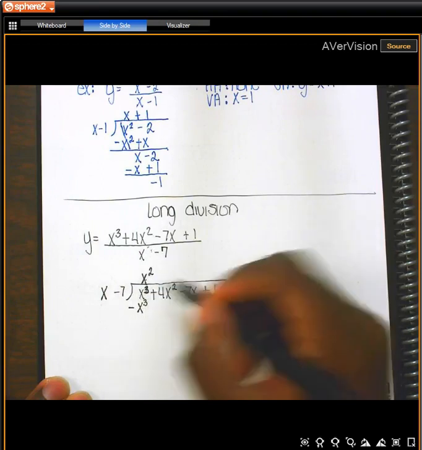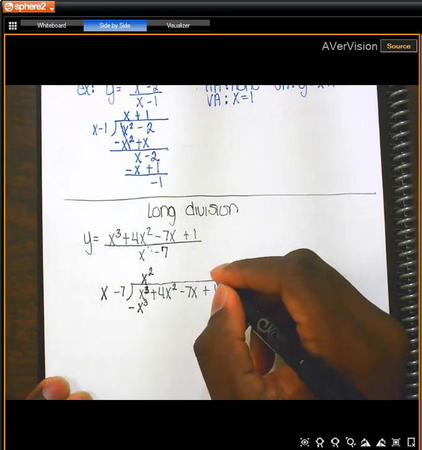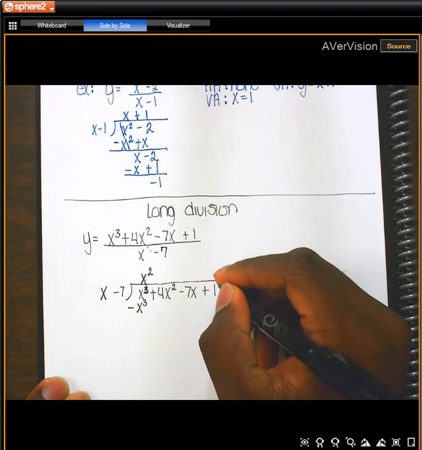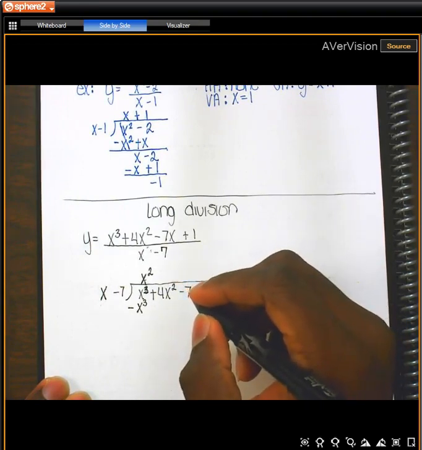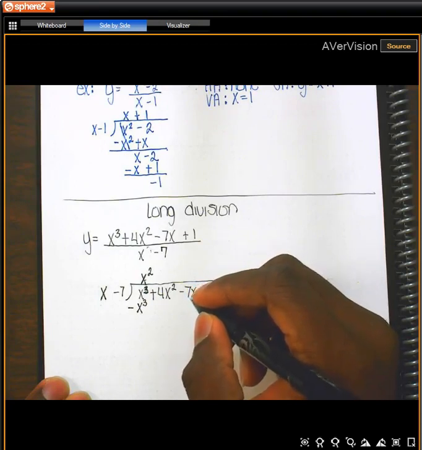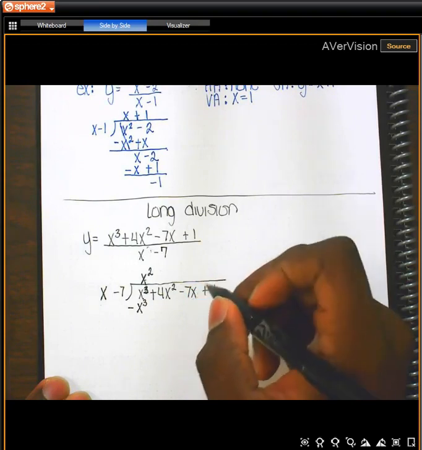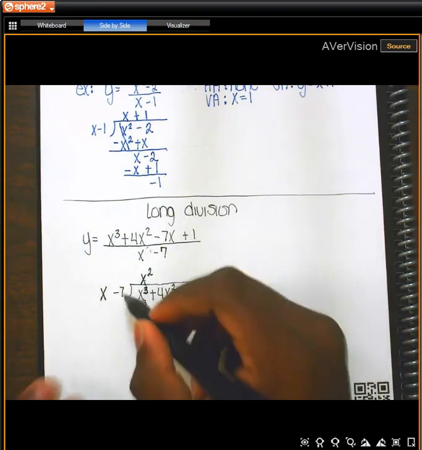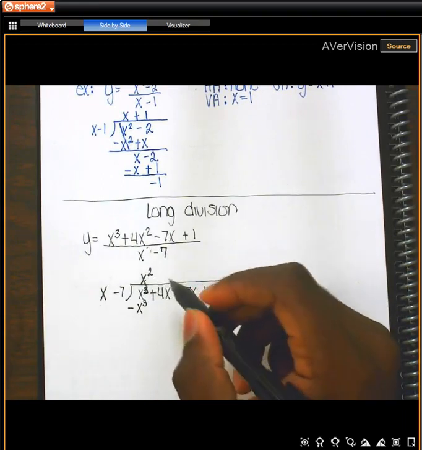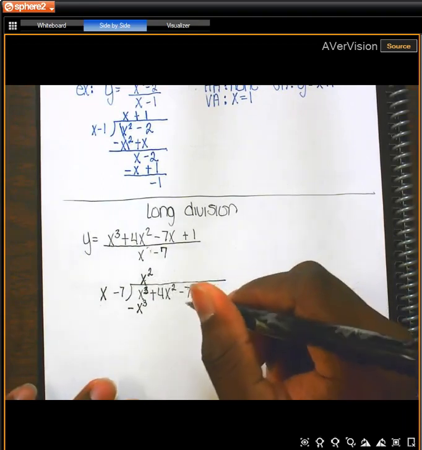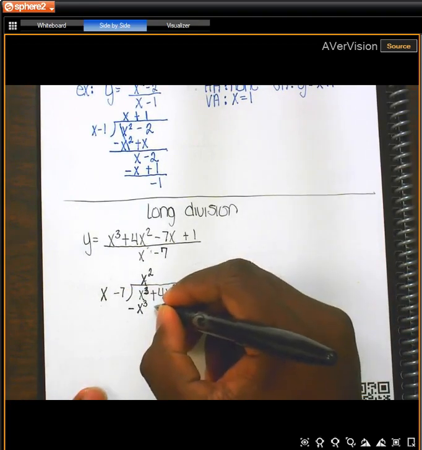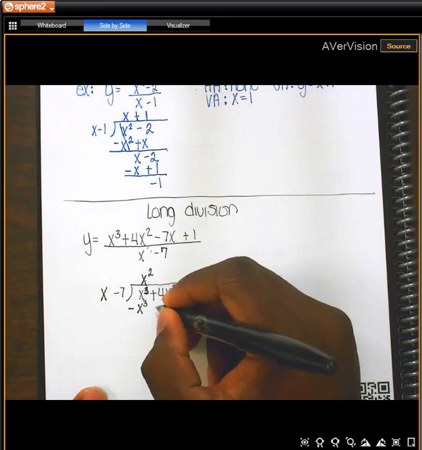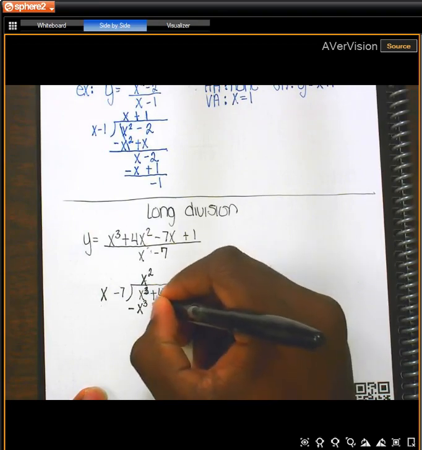What's x squared times negative 7? We're multiplying, so negative 7 times x squared. Yeah, that would be negative 7x squared. So what do we write down here?